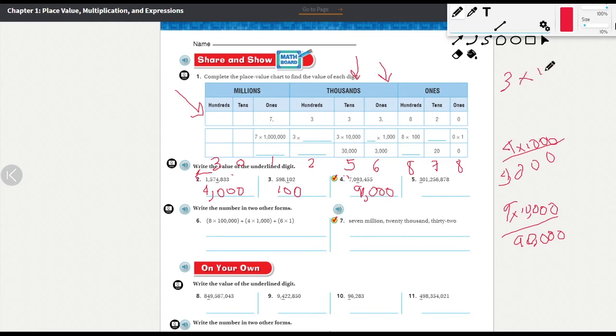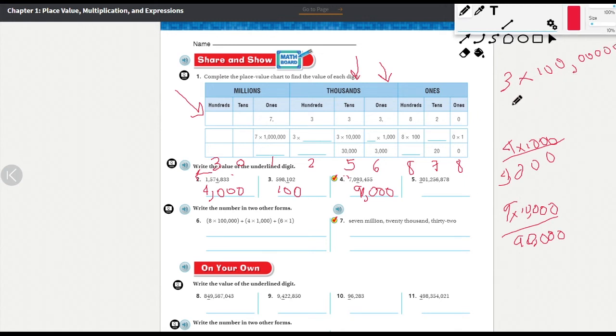We only multiply 3 times 100, so that would be 300. And then you add the rest of the zeros here. That will be 300 million. That is the value of 3 in this expression. So this is the easy way how we can do this.